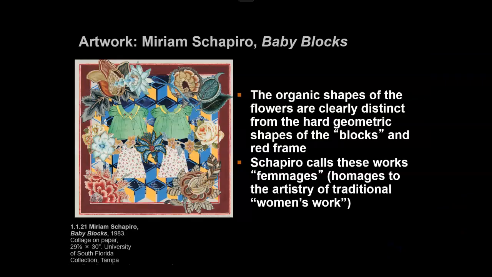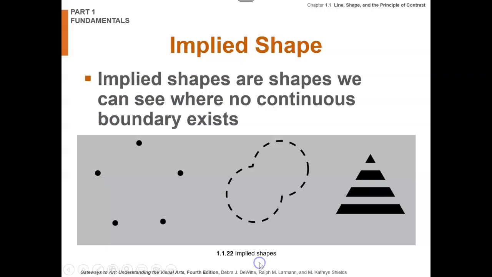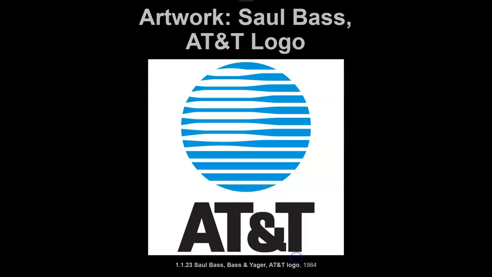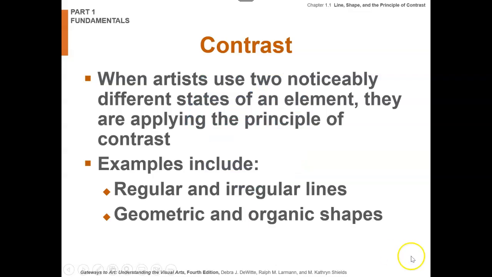In these pieces, you see again the idea of contrast, with organic shapes, flowers, and then these geometric shapes in the back. In shape, we also have implied shapes. Just like we have an implied line, we also have implied shapes. This would be an example of an implied shape. It looks like maybe it's the AT&T logo. It could be the universe or the globe, a world, a sphere.